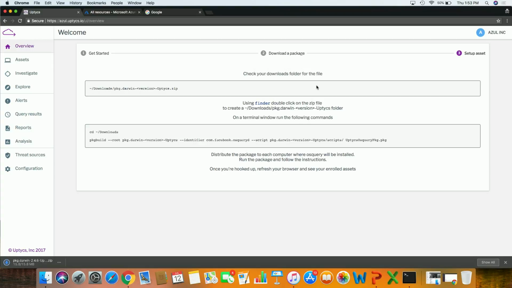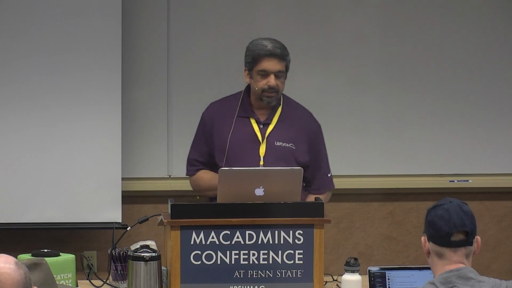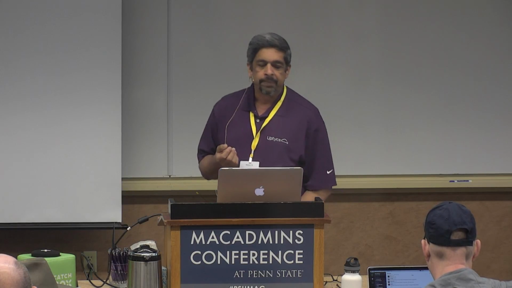Now this PKG file does have a couple of things added to it. So in addition to the open source osquery, we have enough secrets and certificates and configuration files bundled with it. So when you install this PKG file using Casper Jamf or just double clicking on it, it will automatically connect up to Att&ck's in a secure, authenticated manner.